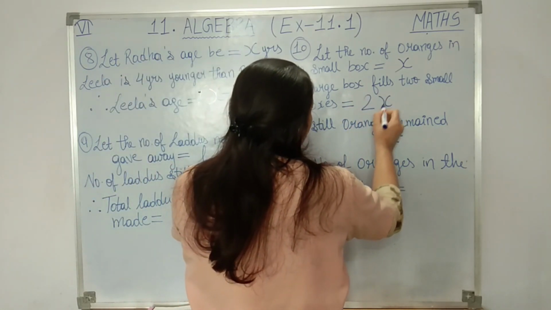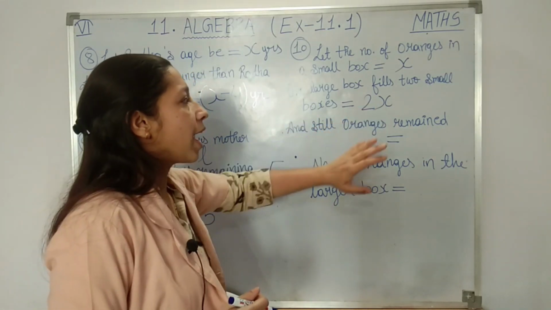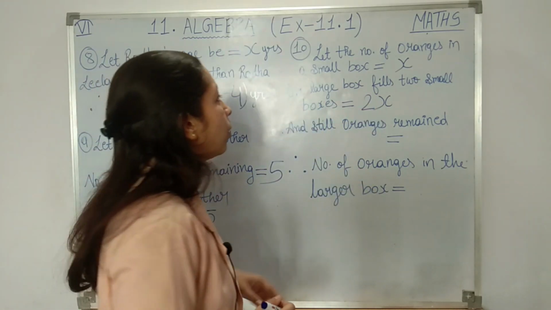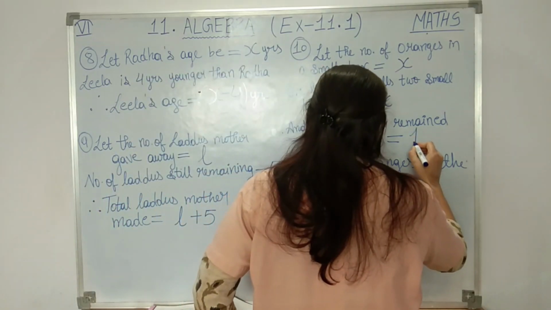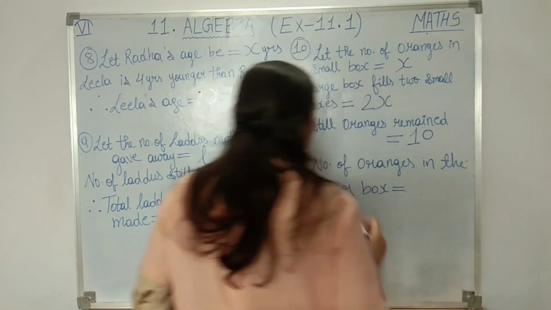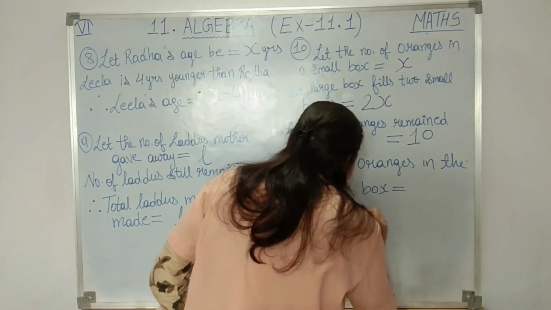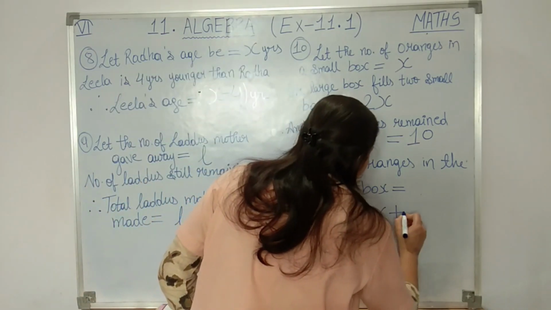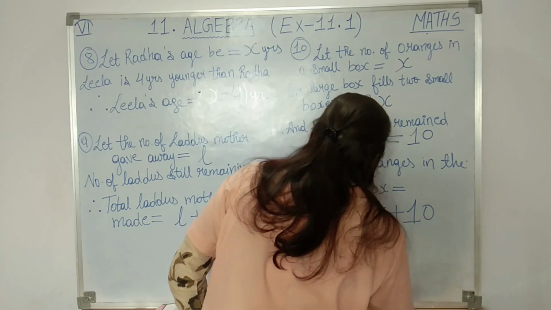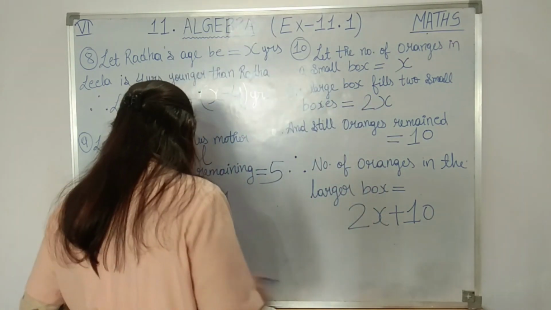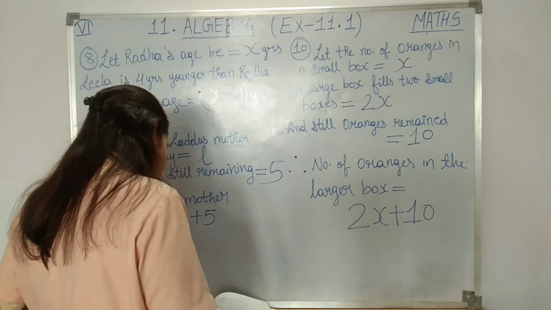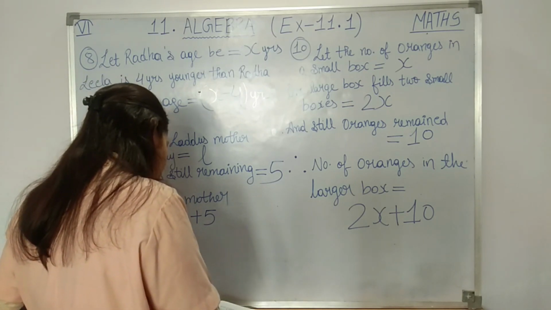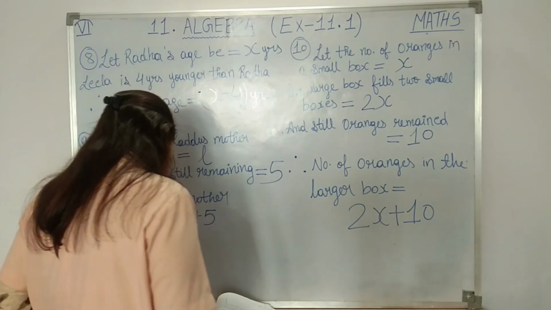That's why I have written 2 into x, that is 2x. And still oranges remained. How many oranges remained? 10 oranges remained. So the number of oranges in the large box is 2x plus 10. Got it? Two small boxes and still 10 oranges remaining. So our final answer is 2x plus 10. Now this was question number 10.